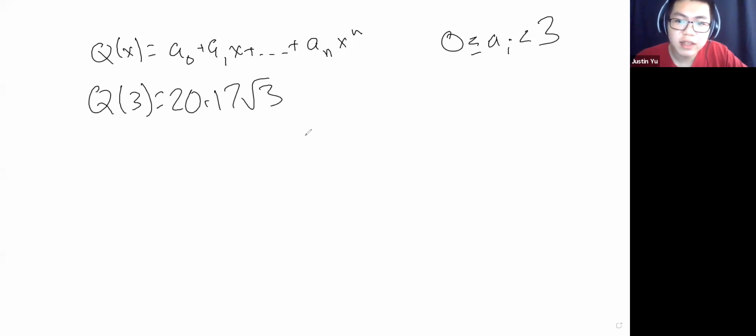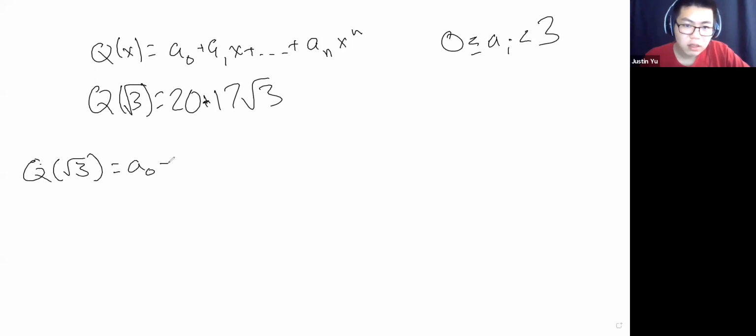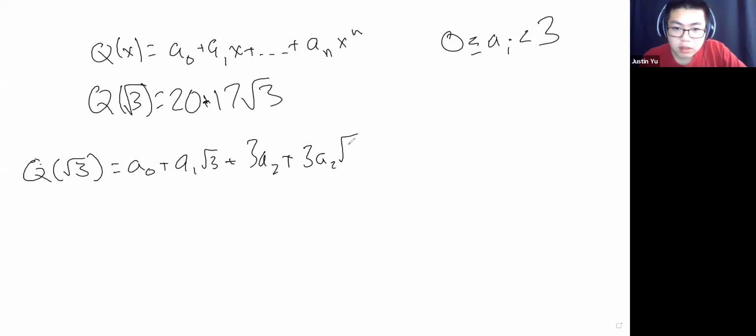So let's just write this out. Oh, I forgot the square root. So this is going to be Q of 3 is going to be a0 plus a1 root 3 plus 3a2 plus 3a2 root 3 plus 9a3 plus 9a4 root 3.